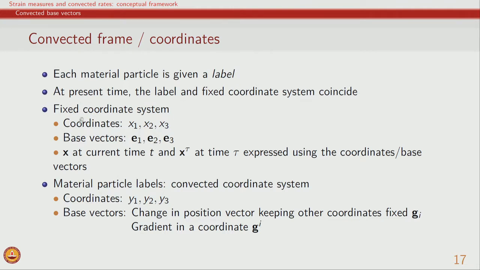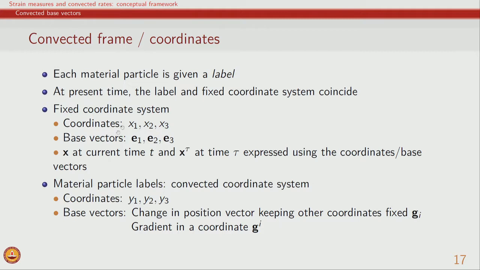The fixed coordinate system is, let us say, a rectangular coordinate system, which would be just x, y, z, or in generic terms x1, x2, x3, and therefore the base vectors are E1, E2, E3. Of course, this is an orthogonal coordinate system, which we usually use when we use fixed coordinates, and therefore E1 and E2 will be perpendicular to each other, and E2 and E3 will be perpendicular to each other, and so on.